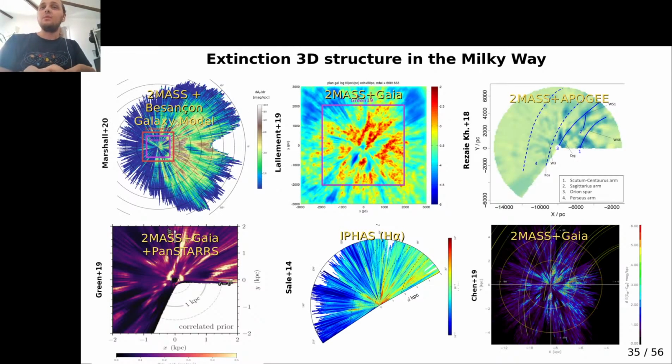But some of those maps also use Gaia, and sometimes APOGEE and other surveys. One thing that is interesting here is the maximum distance prediction of each map.